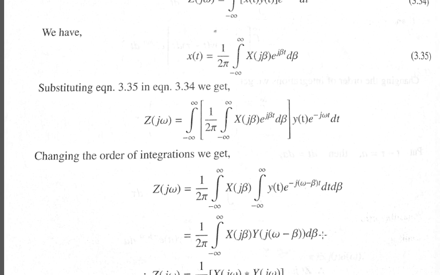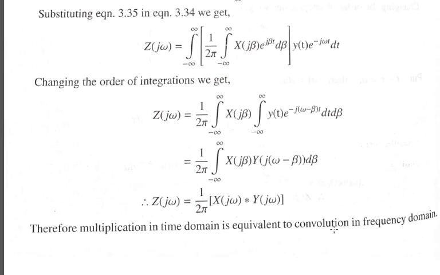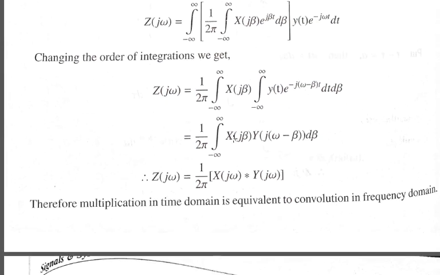So we can write it this way, which is nothing but just in the form x(tau) y(t minus tau), in that fashion. So we write it as the convolution of signals.